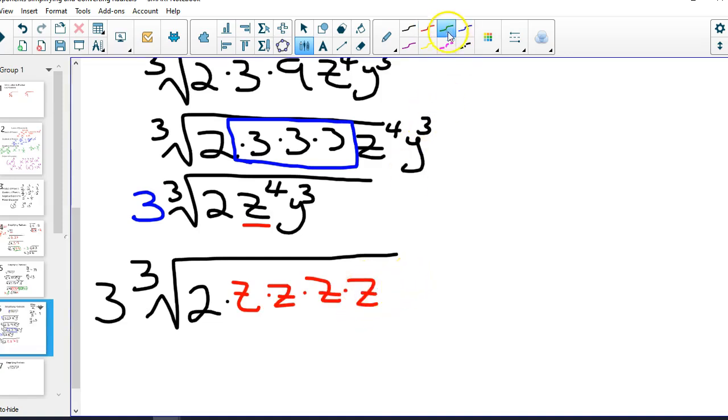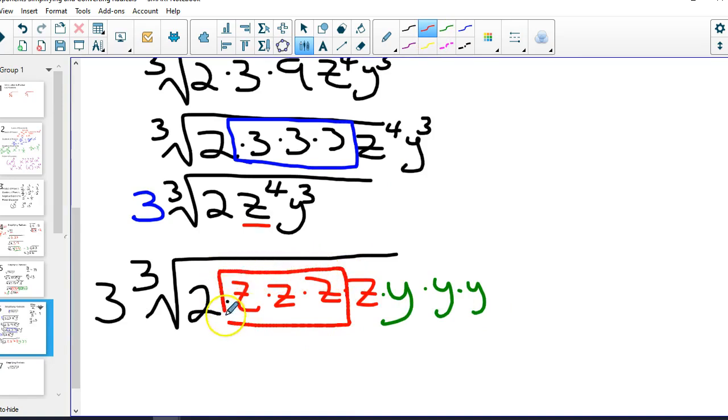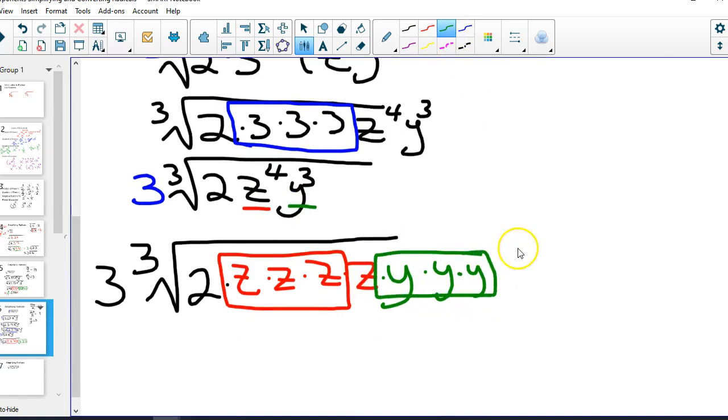Okay, and I'll break my y down into y times y times y. Let's see if we have any of those sets of 3. For my z's, I have 4 of them, so I have 3 in there. And if we can recognize the 3 from here, we don't have to write them all out. Similar for our y's, we have 3 y's, so we have a set of 3, so that's going to be able to come out.